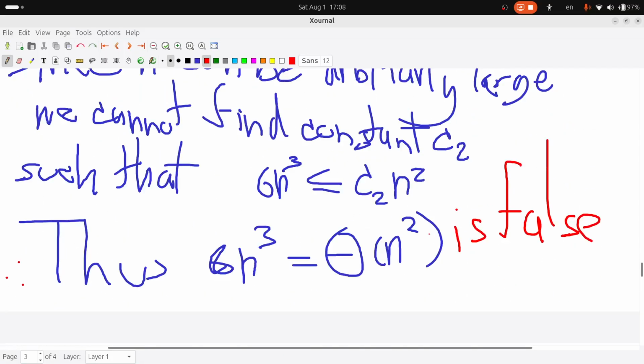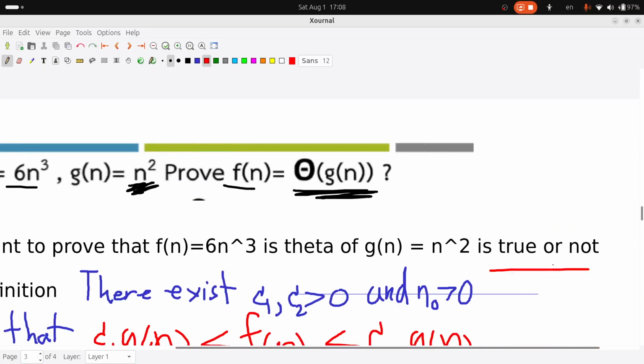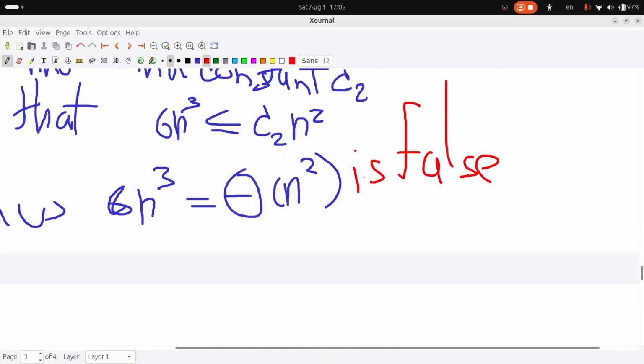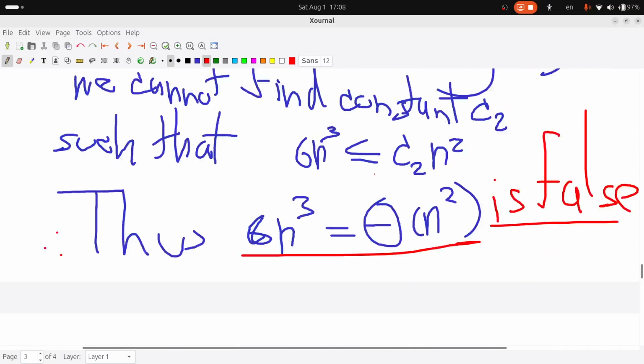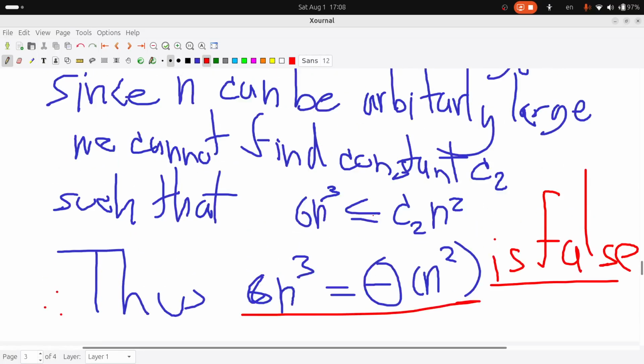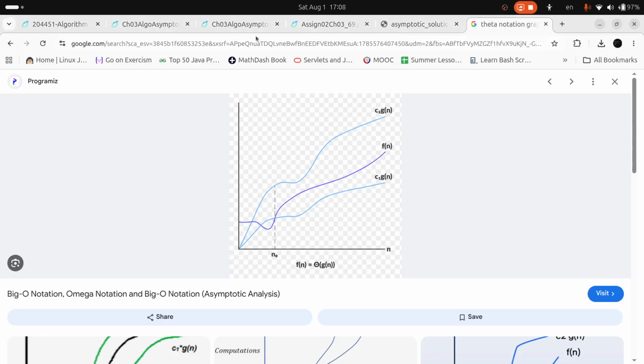From the proof, we wanted to prove whether this is true or not, and in the summary we say that this one is false. It could be true only if we prove it. So that is how we can prove the theta notation. So let's go to the next problem.